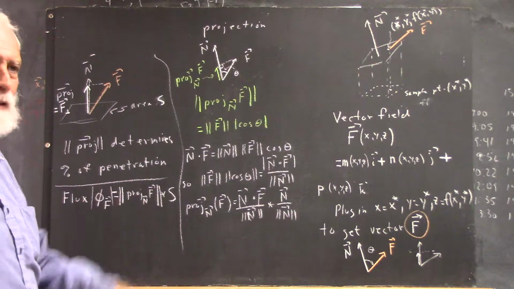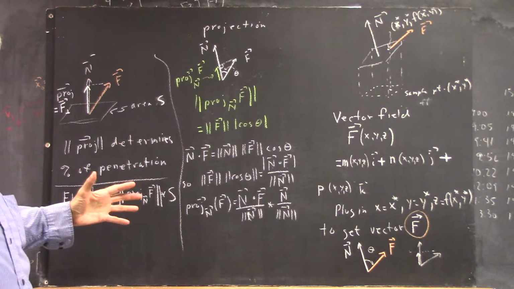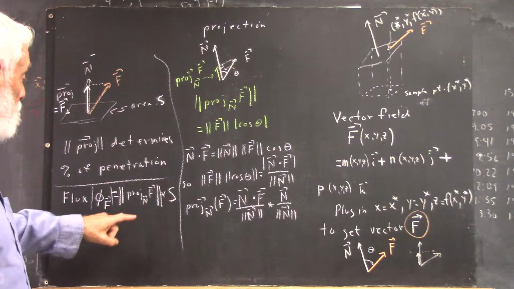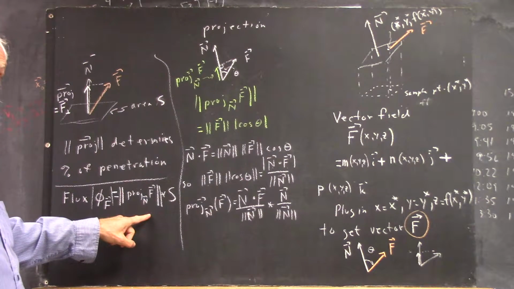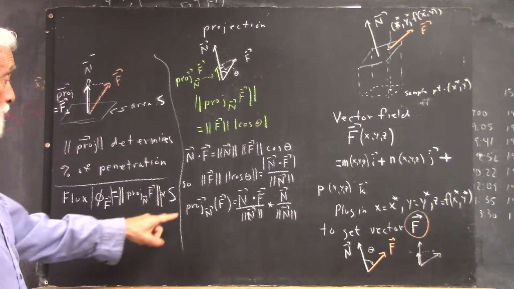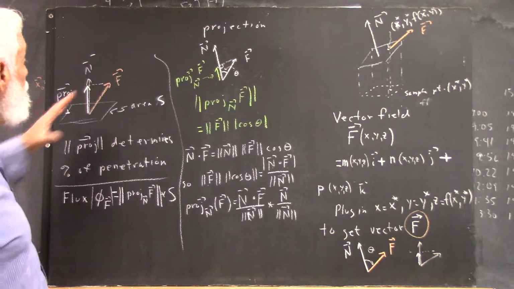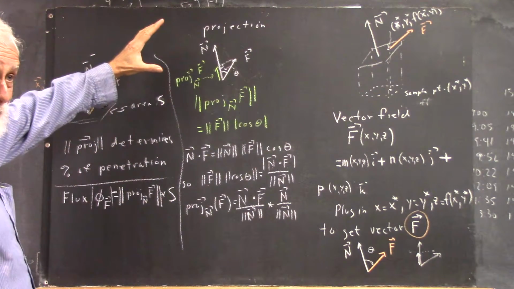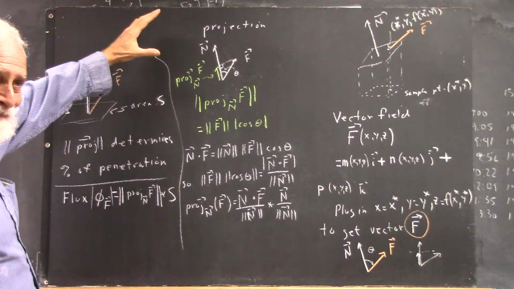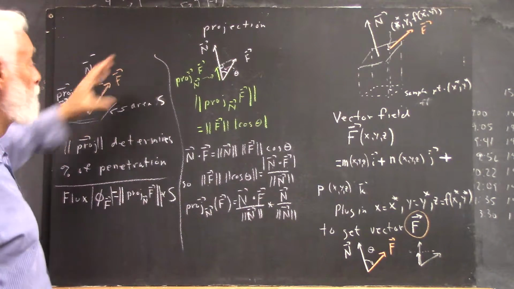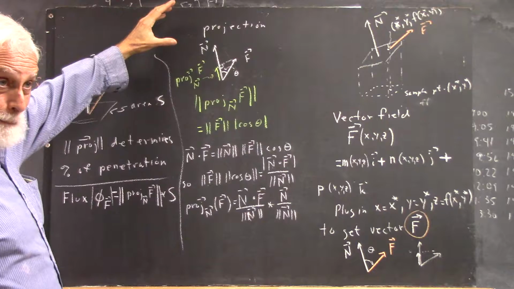The bigger the area, the more you're going to hit. So we take this magnitude of this projection and multiply it by the area. And it tells us how much stuff goes through here. How many of your bullets, how much of your fluid flowing, okay?